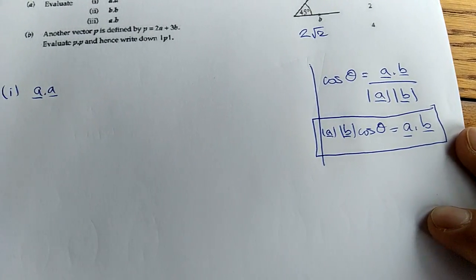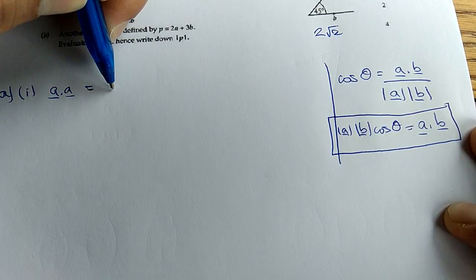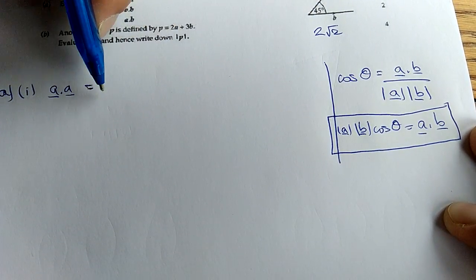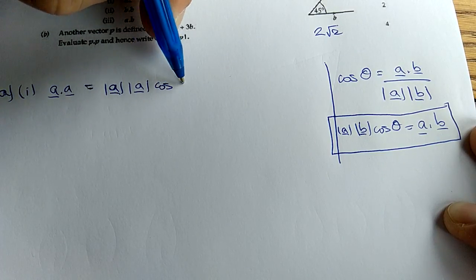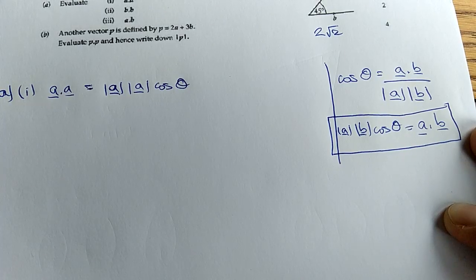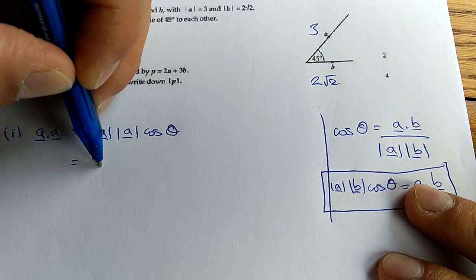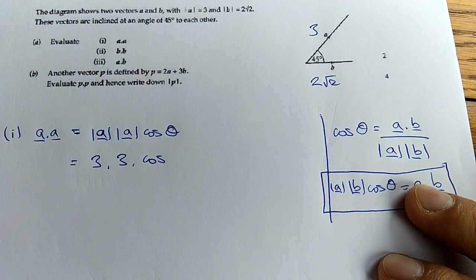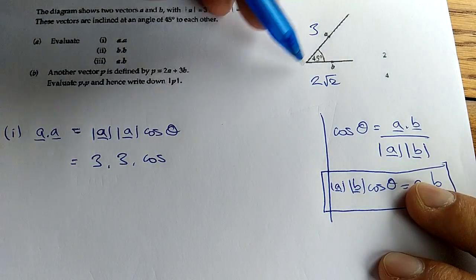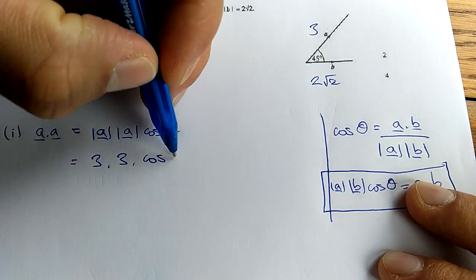Now, what I have is not A dot B, but A dot A. So we can rewrite that using the formula, like expand it out effectively, as the magnitude of A times the magnitude of A cos of the angle between A and A. Bit unusual, but doable. The magnitude of A, well, we've already been told is 3, times the magnitude of A, which is 3, times cos of the angle between A and A. Now, the angle between A and A is just 0 because there is no angle between the vector A and itself.